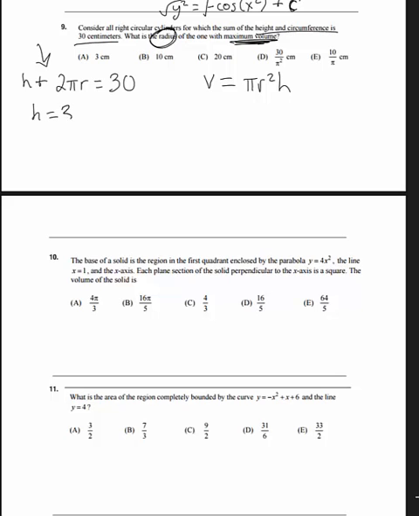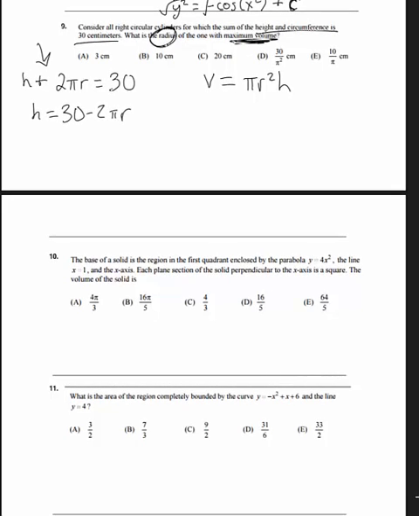So h equals 30 minus 2 pi r. And then we can plug that into the volume. So volume equals pi r squared times 30 minus 2 pi r. And that can give us volume equals 30 pi r squared minus 2 pi squared r cubed.